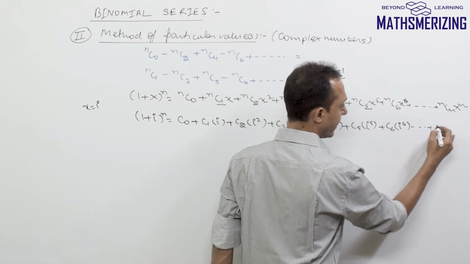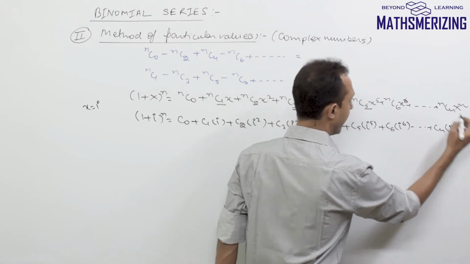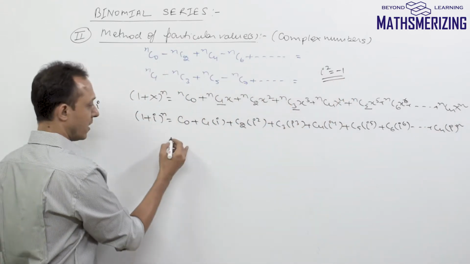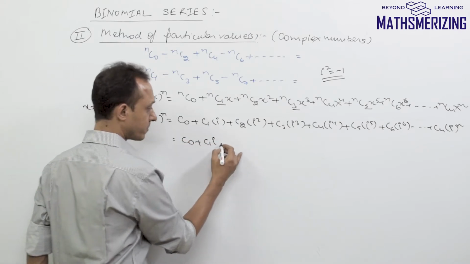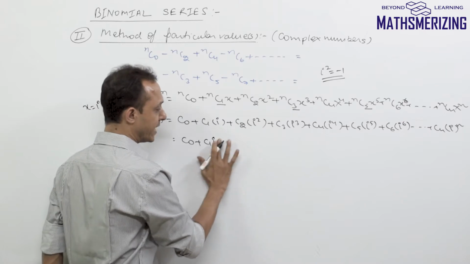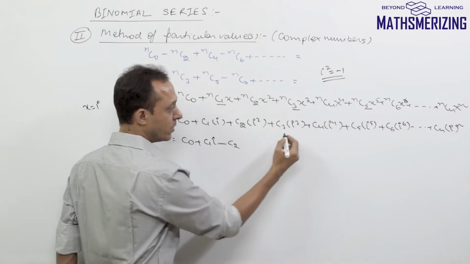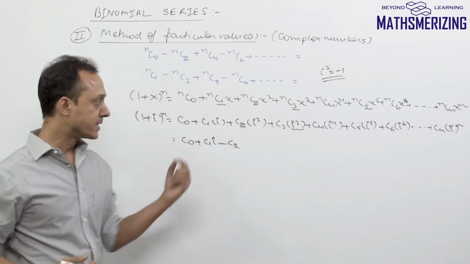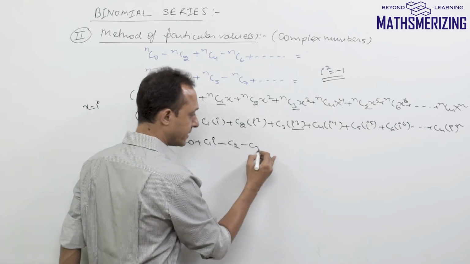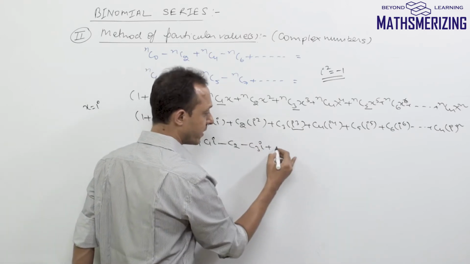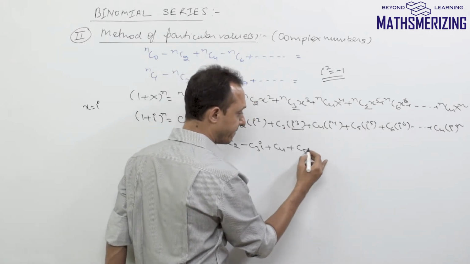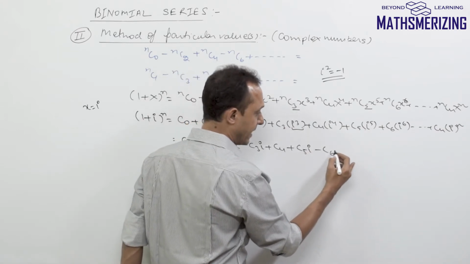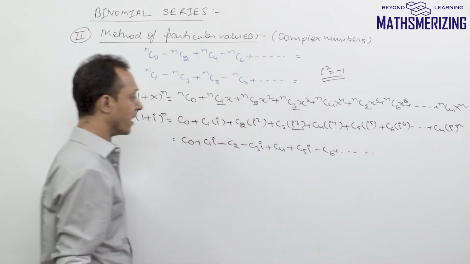It will continue, and Cn then will be iota to the power n. Now iota square is minus 1, so there will be minus C2. Iota cube is minus iota, so there will be minus C3 iota. Iota to the power 4 is simply 1, C4. Iota to the power 5 is simply iota, so this is C5 iota. Then minus C6, and this series will continue.